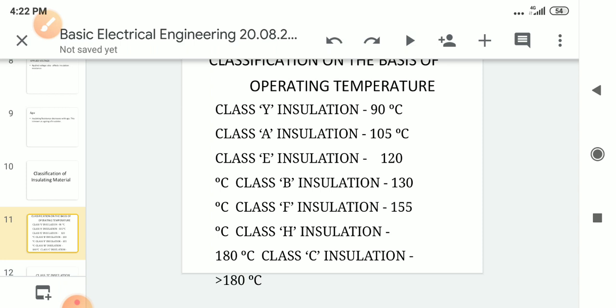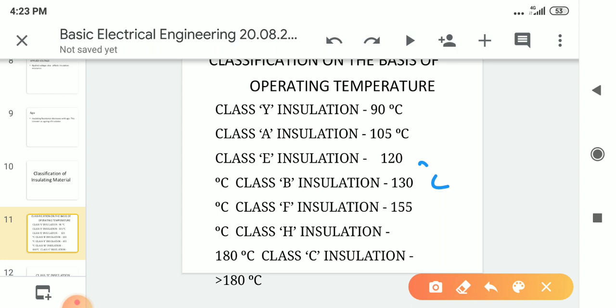class B. Class B insulation material, its maximum working temperature is 130 degrees centigrade. Mica, glass fiber, and asbestos with suitable bonding substances. Asbestos, which we used in the previous chapter, we used at the bottom of the electric iron and kettle. Just remember that. Why did we use it in this case?